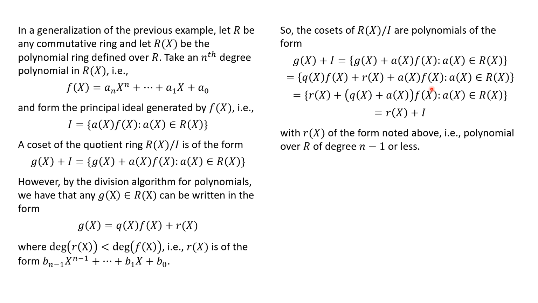So this part here gets absorbed into the ideal, and you just have the remainder. So this essentially is equal to r of x plus I. That's the coset that it's representing, and so the cosets are basically isomorphic to polynomials of degree n minus 1 or less over this arbitrary ring R.